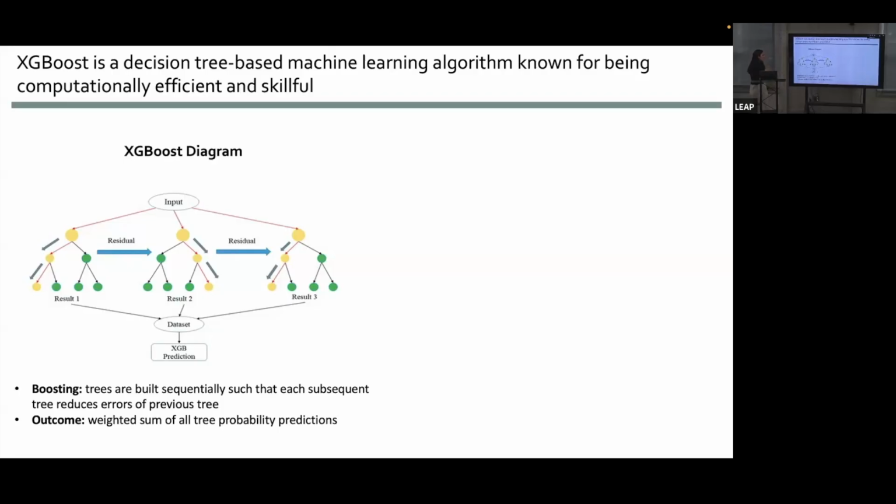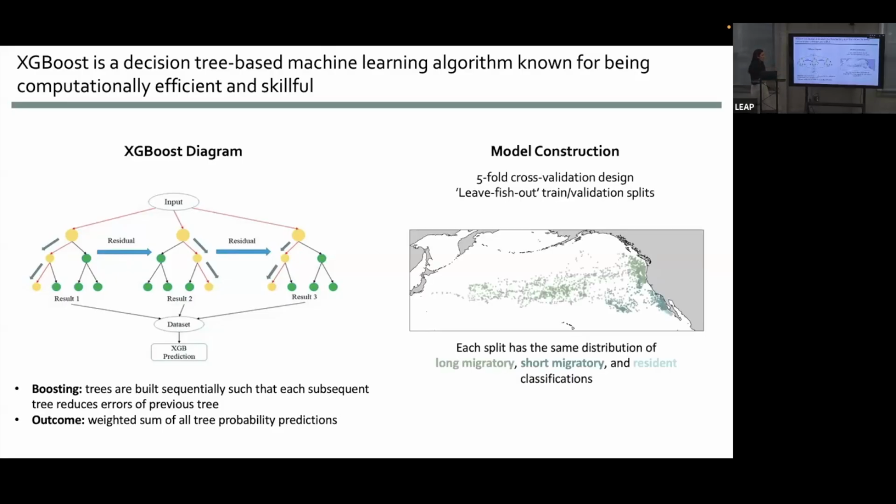It builds trees sequentially as opposed to in parallel, and uses a gradient descent algorithm to minimize some loss function. As for the model construction, we used a 5-fold cross-validation design using a leave-fish-out technique, and we did that to maintain independence between our fish samples.